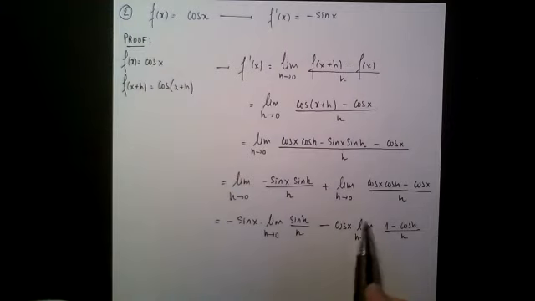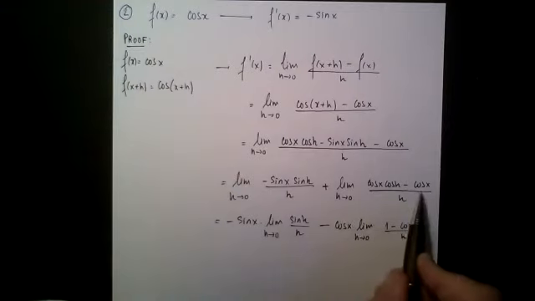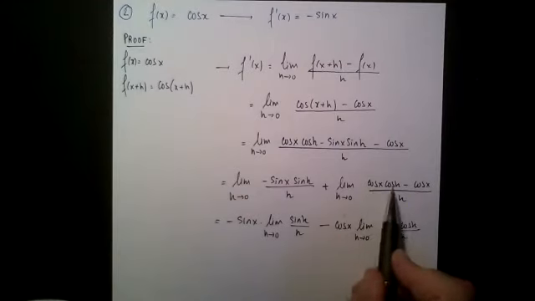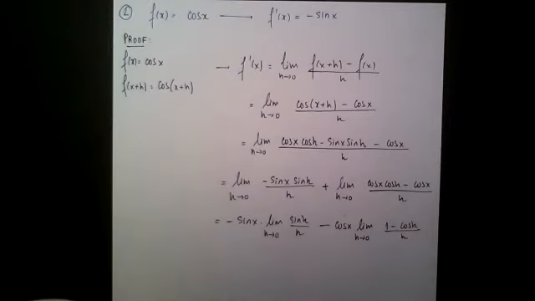Okay, so minus cos x times 1 is minus cos x like here, and minus cos x times minus cos h is cos x cos h like here. So I see I did not change anything.